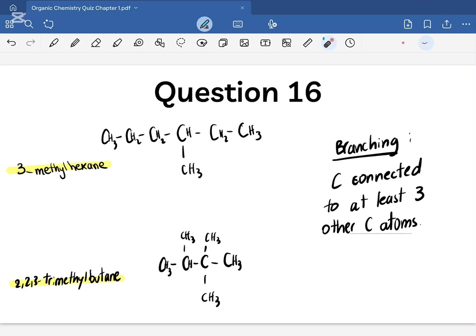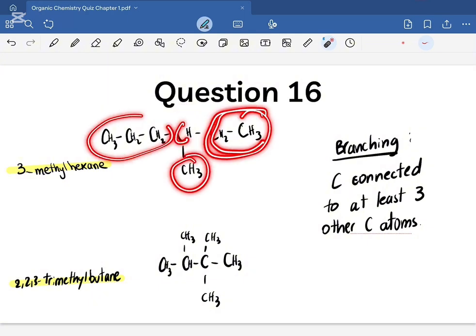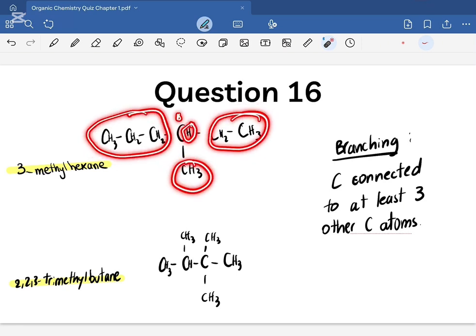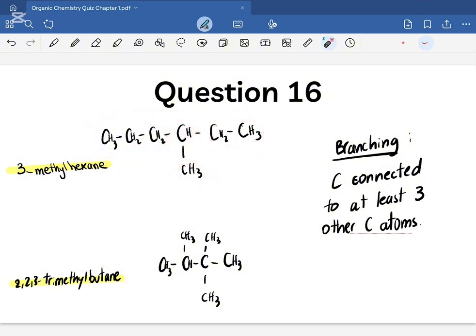If I place the methyl, for example, on this carbon, then I'm going to form a chiral center because this carbon is attached to an ethyl group, the methyl, the propyl group, and it's also attached to the hydrogen. So I have 4 different groups attached to this carbon.